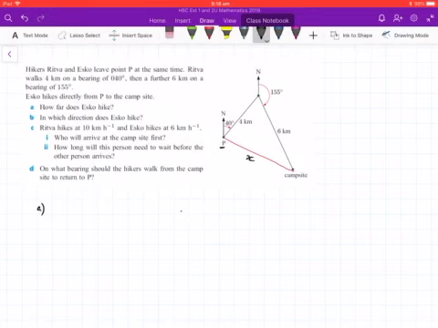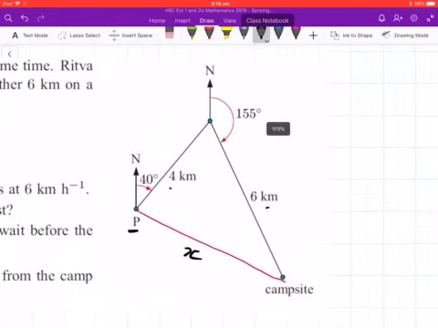Now, to do that, it's going to be a case of using some information within the diagram. So let's have a look. This is going to be interesting to look for the bearings. The easiest thing is we know two sides of the triangle, so we're going to have to find the angle between them. I'm going to zoom in here.